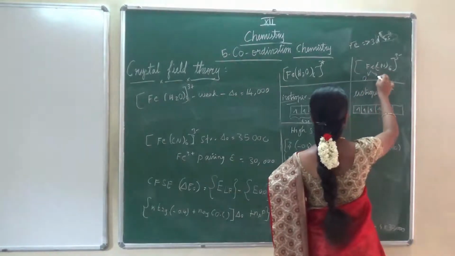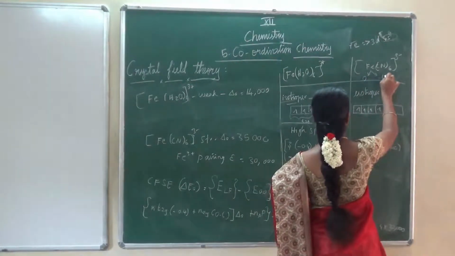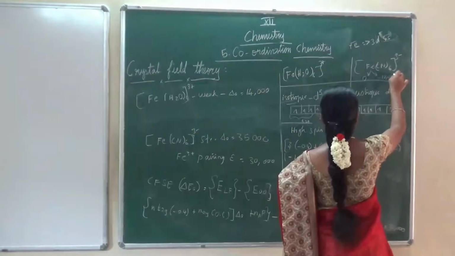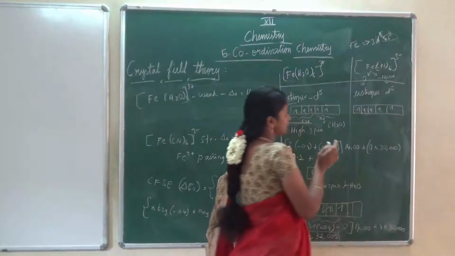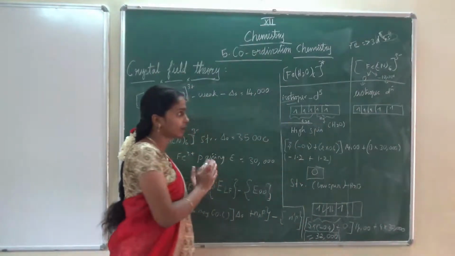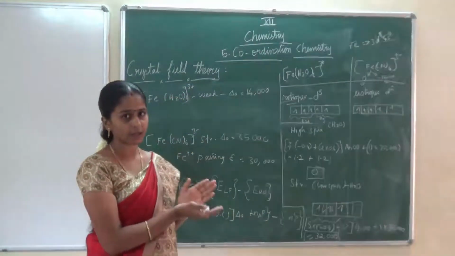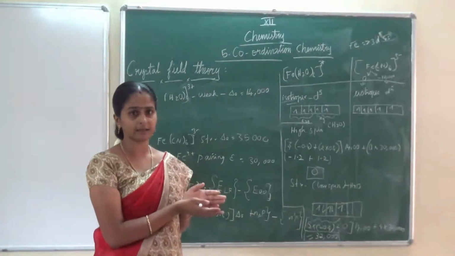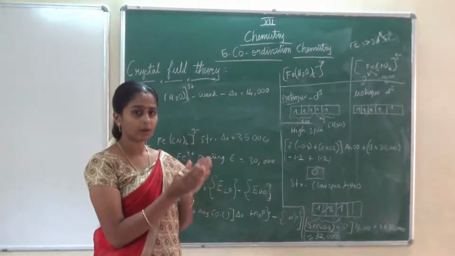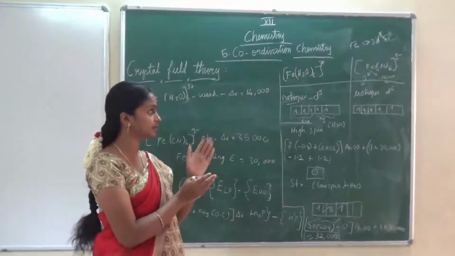When we consider it as a low spin complex, we get minus 10,000. So this is high spin, this is low spin. Which is possible now? 0 or minus 10,000, which is the smaller number, the lesser energy value? Minus 10,000. So we can say a low spin complex is possible for this Fe(CN)6.